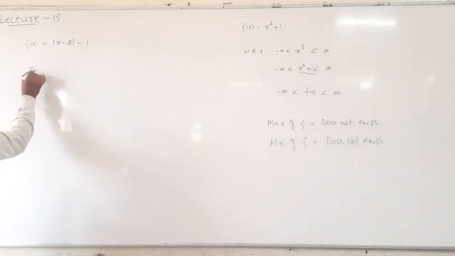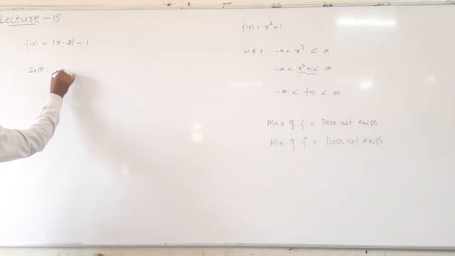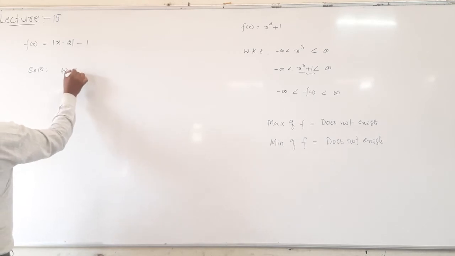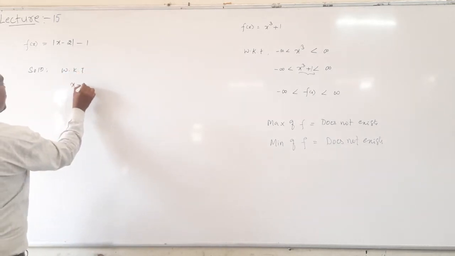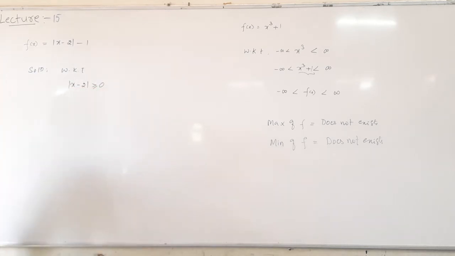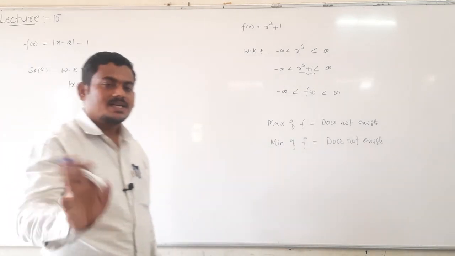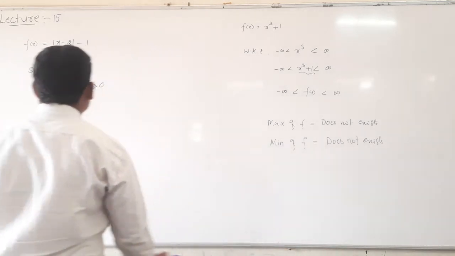Again we know that the modulus function is always greater than or equal to 0 only. It is just like the square root function, greater than or equal to 0.